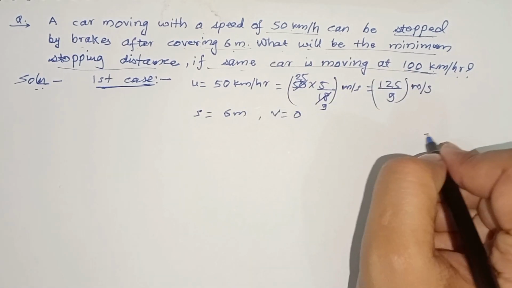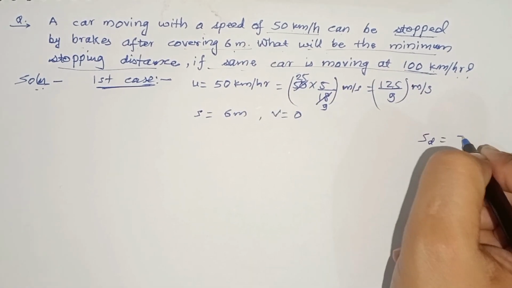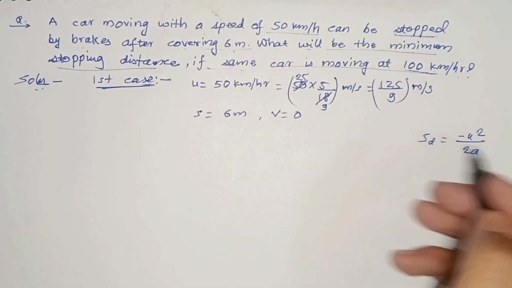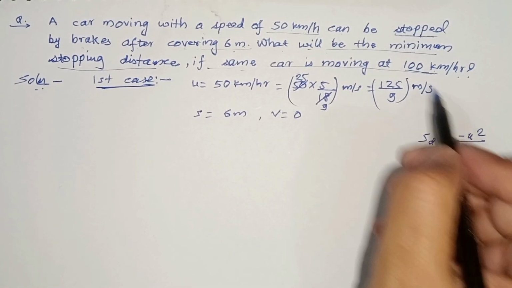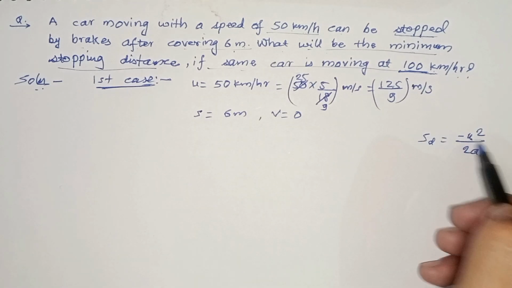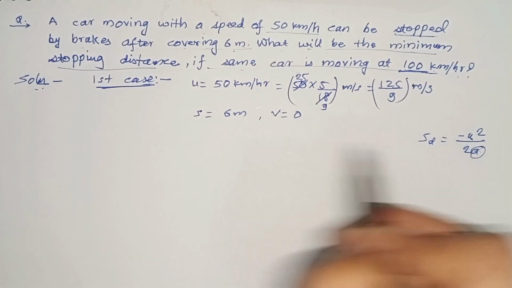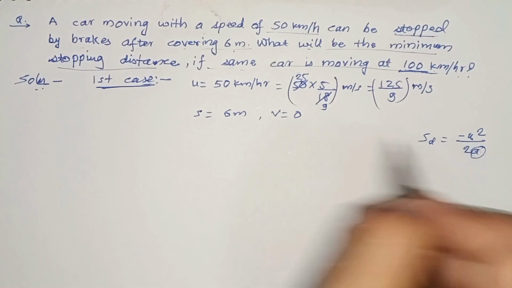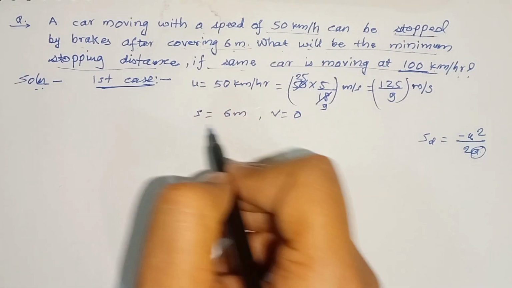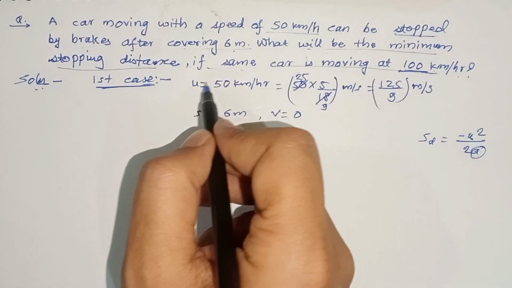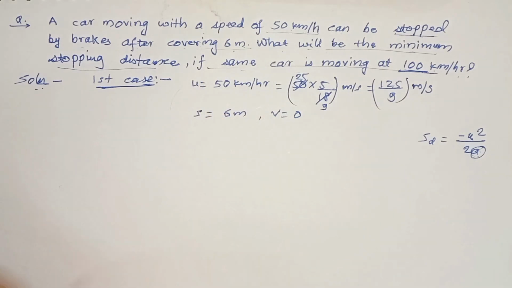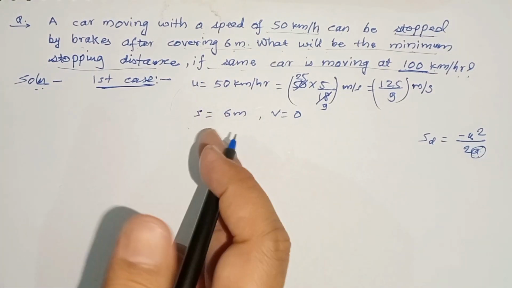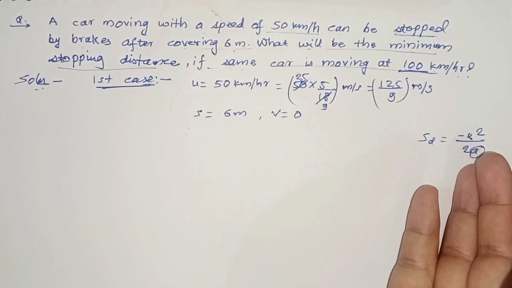In the formula of stopping distance, SD equals minus u square by 2a. Here we have the initial speed, that is 100, given, but we don't have the acceleration. So we will find the acceleration from the first case and put it in this formula.